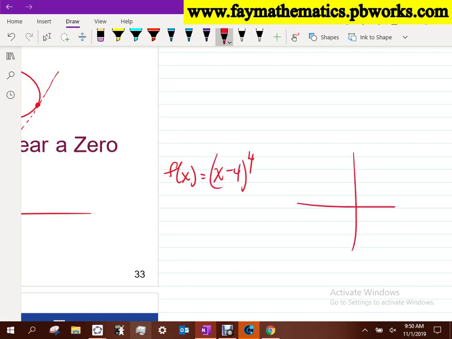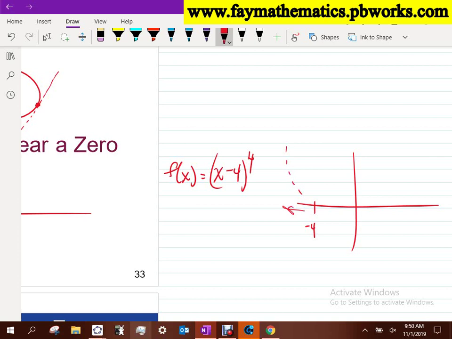How many times am I multiplying a negative number? If I go to the left of negative 4 and plug in like negative 5, how many times am I going to multiply a negative number? 4 times. And a negative multiplied by itself 4 times is a positive. So when I've got x values that are over here, my y values are going to be up there, right? They're going to be above the x-axis.